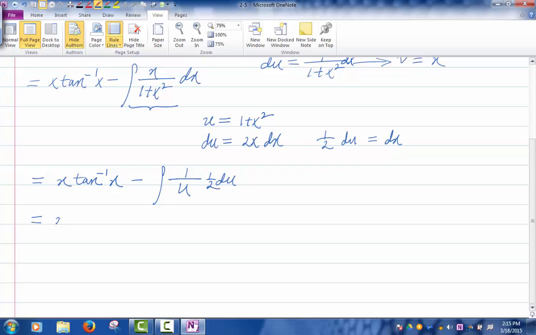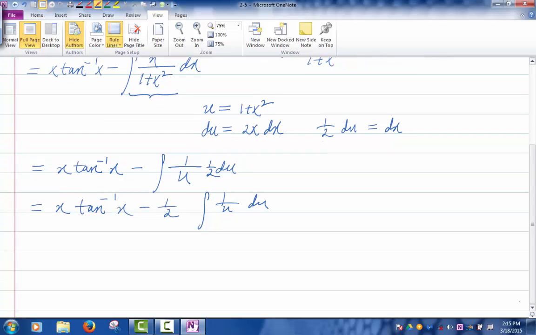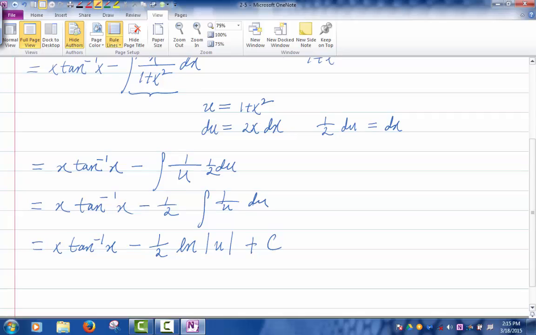And so this would be x tangent inverse of x minus a half integral of 1 over u du, which would be x tangent inverse x minus half ln of u in absolute value plus c. Okay, one more line.